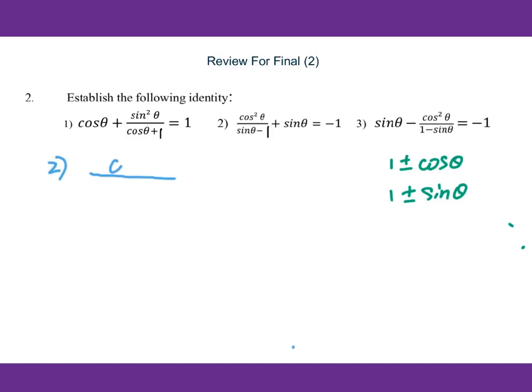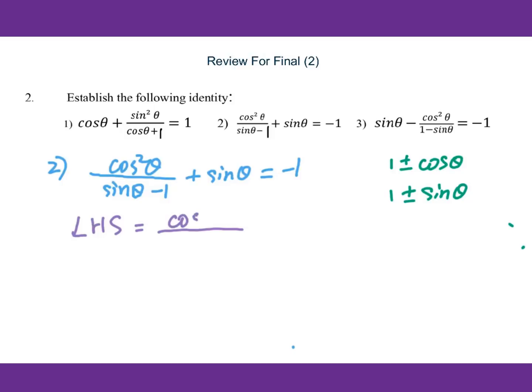We got cosine square theta over sine theta minus 1, plus sine theta, equal to negative 1. So left-hand side equals cosine square theta over sine theta minus 1 plus sine theta.